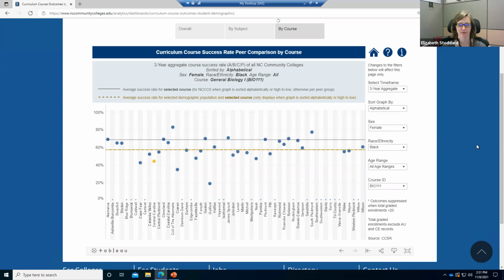I have another dashboard that's almost identical to this one, but instead of looking at student demographics, it looks at course characteristics, one of which is modality, online versus not online. And that's the only two it breaks down, and it doesn't do hybrid? Those are the only two it looks at.